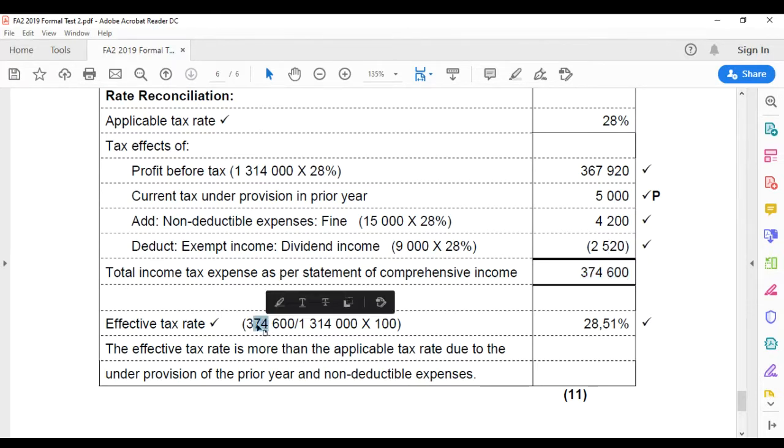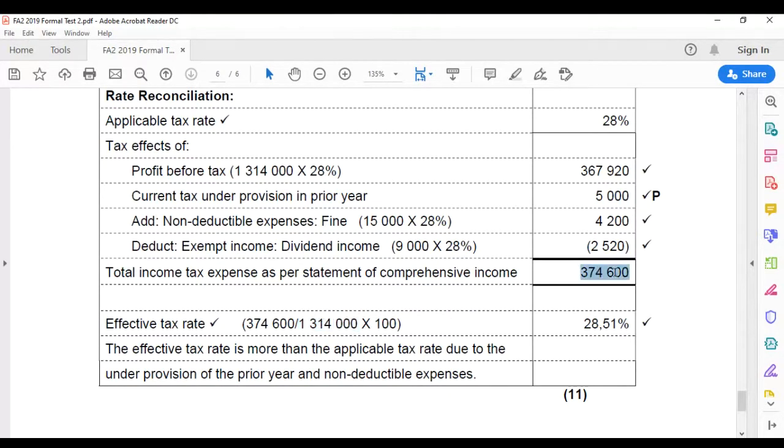So we show that as the part above the line in our calculation. What do we see on the face of our statement of comprehensive income? Profit before tax of 1,314,000. So we use that below the line in our effective tax rate calculation.